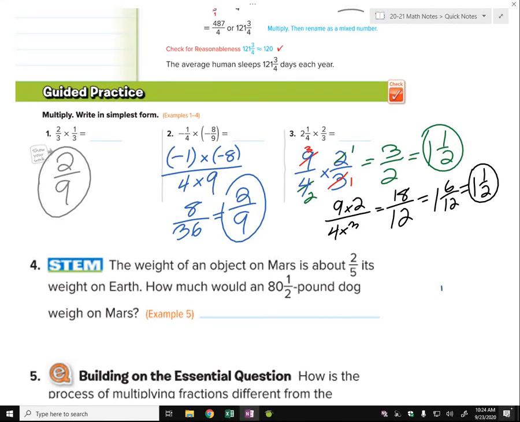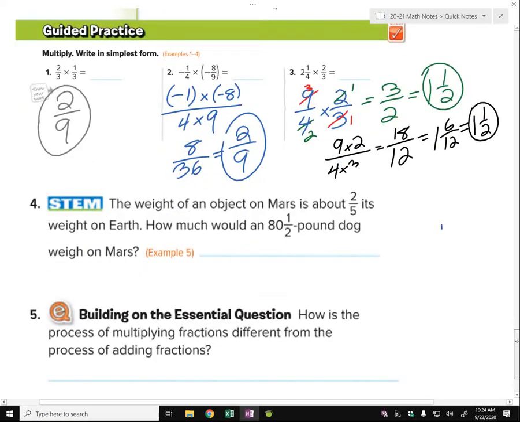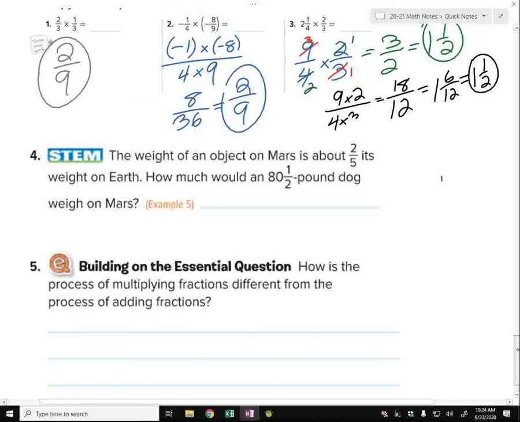The weight of an object on Mars is about 2/5 of the weight on Earth. How much would an 80.5 pound dog weigh on Mars? So I'm going to do 2/5 times 80.5.